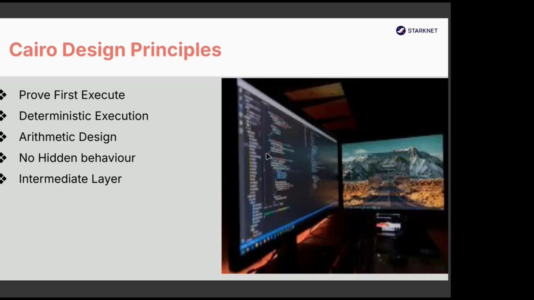And proofs are computations, cryptographic computations. So it's proofs that are generated in the end. And these proofs are computations.